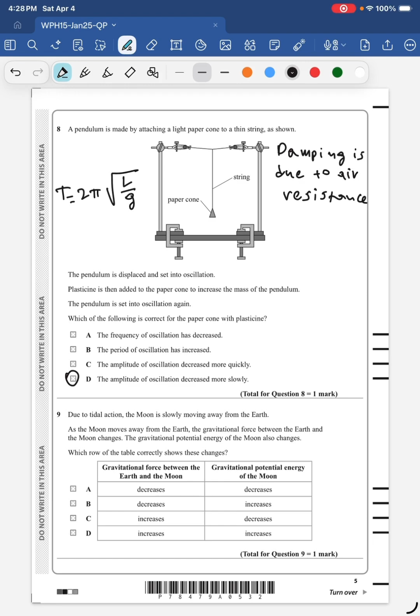If I throw a feather, it falls slower, right? And this is due to air resistance acting on the lighter mass, because in a vacuum they will both arrive at the Earth at the same time, right? So it's the same effect here. Air resistance is there. If we increase the mass, the effect of the force is smaller. Therefore, the amplitude decreases slowly.